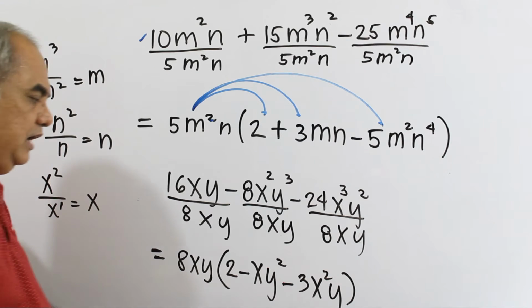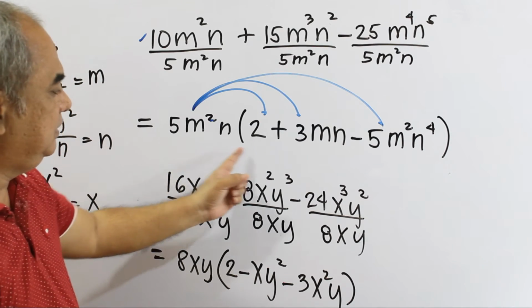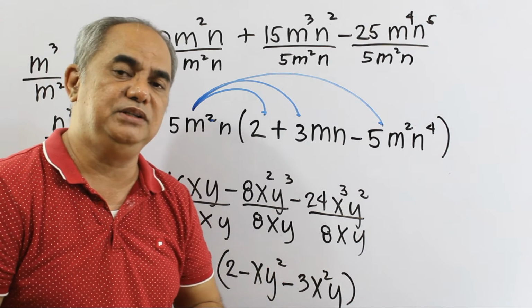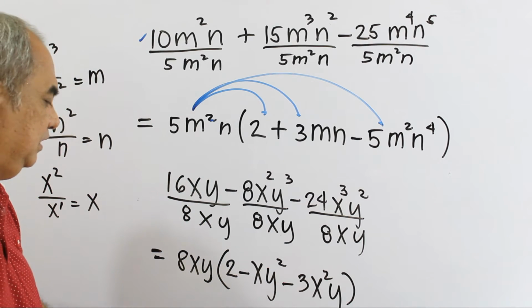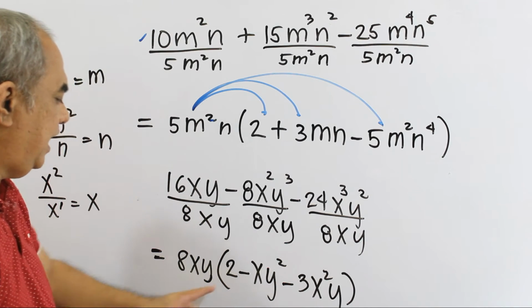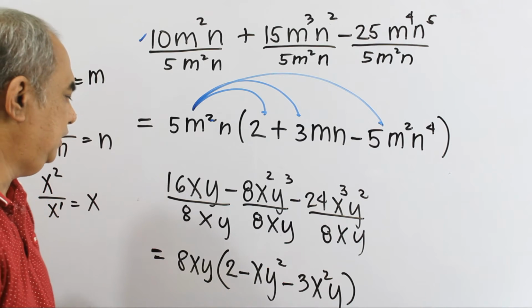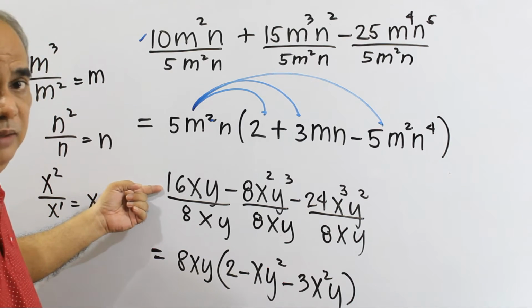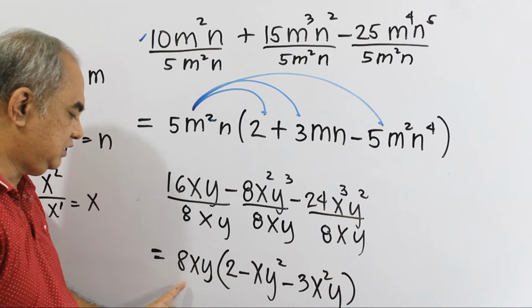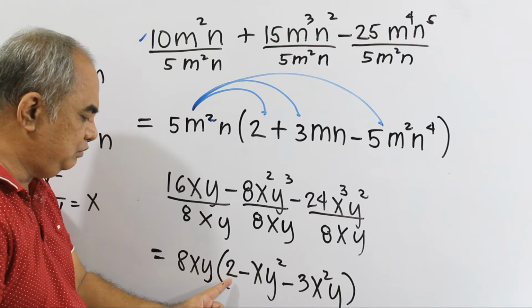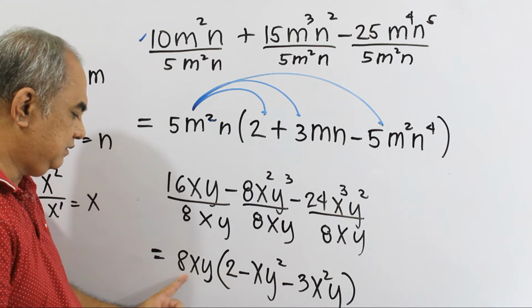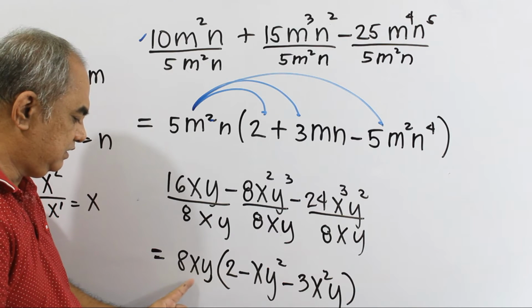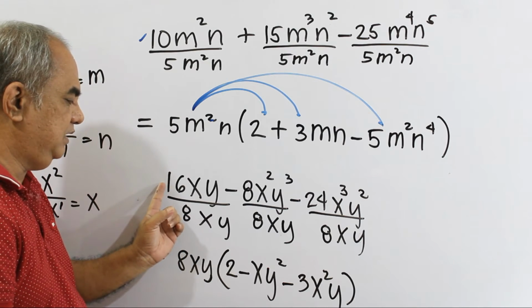Again, to check whether your answer is correct, you simply do the same thing here. You apply the principle of distributive property. Now, when you do that, your answer for that distributive property will be the original problem that we have before. Okay? So let's try. 8xy times 2. We have 8 times 2 will give you 16, and then copy this xy, we have this.